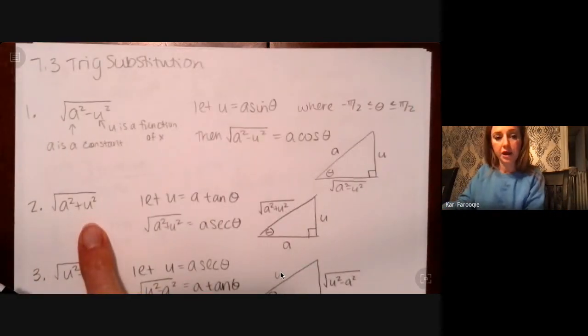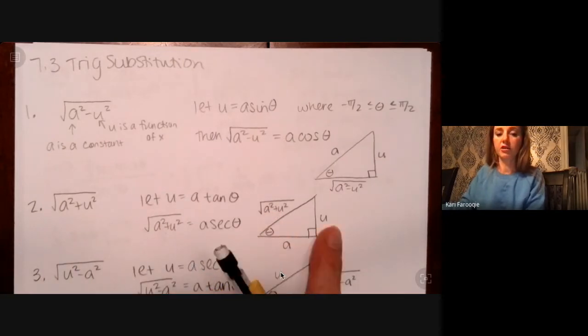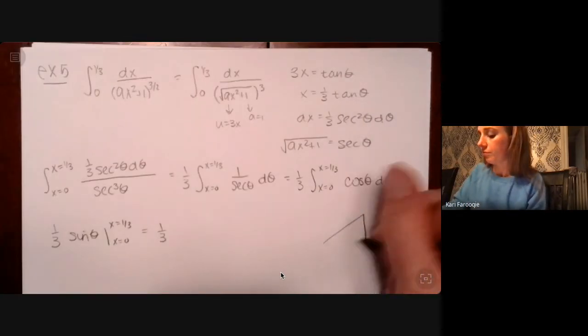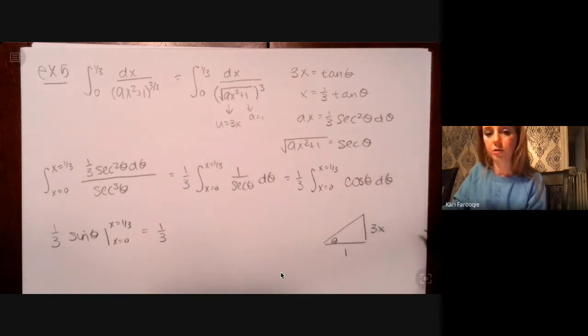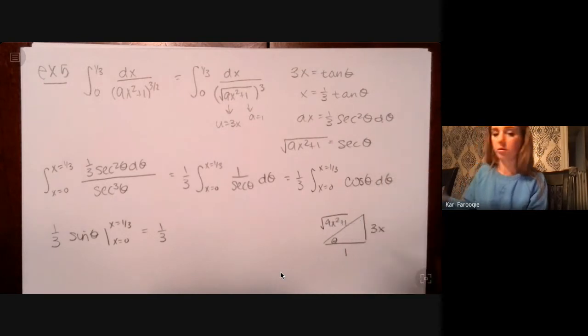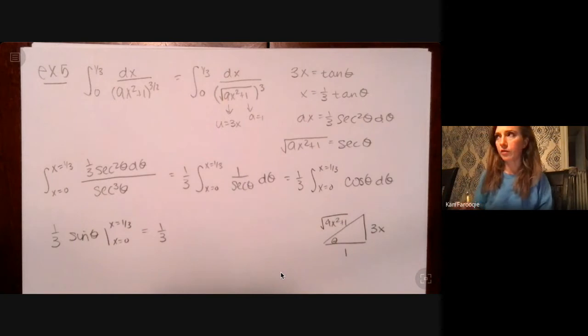When you have that, your hypotenuse is going to be that radical, your adjacent leg is a, and the opposite is u. The hypotenuse is the square root of the sum of the squares of each leg, using the Pythagorean theorem.